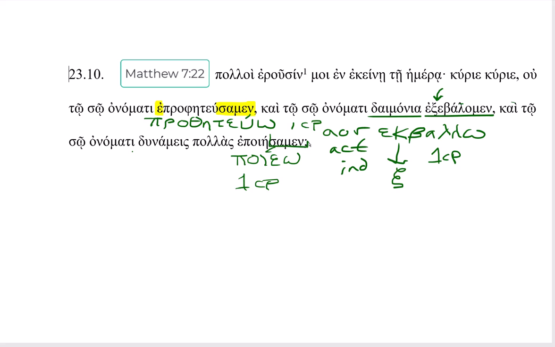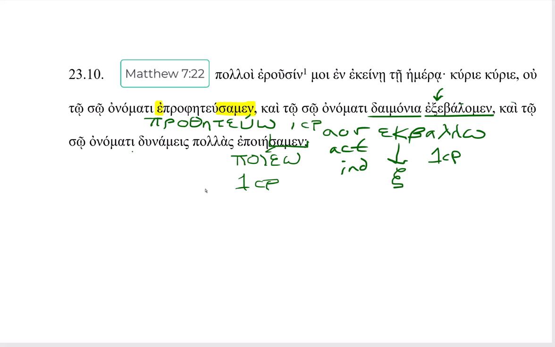And so let's read through this now. Many will say to me in that day, Lord, Lord, did we not prophesy in your name, and in your name cast out demons, and in your name do many mighty works, or perform, I guess you'd maybe say in English.